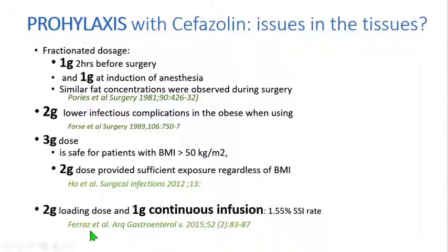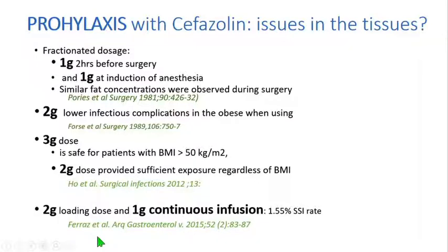Now when it comes to prophylactic administration of cefazolin, when you look back in the literature, in the 80s there was the use of fractionated dosing, 1 gram before surgery and 1 gram at induction, and this has evolved to a 2 gram dosage of cefazolin.